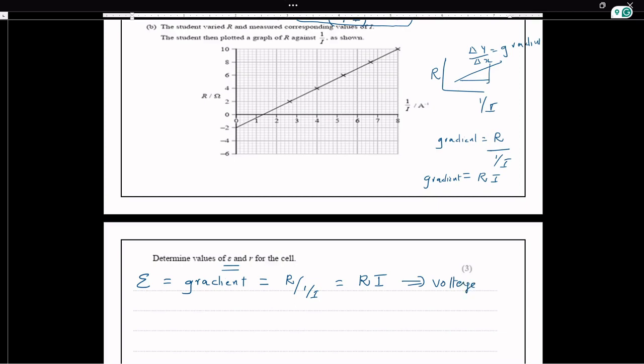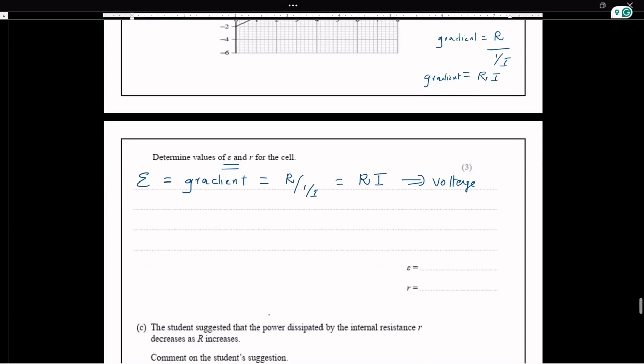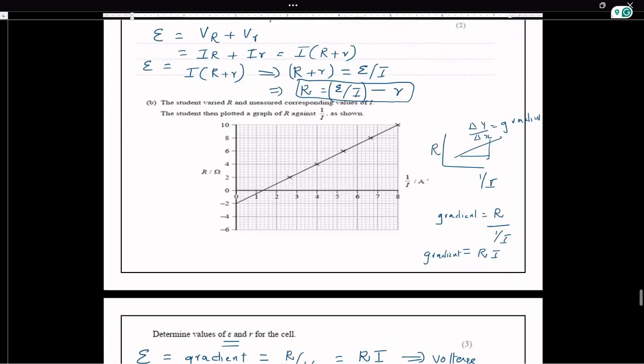Now what about the internal resistance? The internal resistance comes from the y-intercept. You can see there is a y-intercept coming here. Let us calculate the values also. EMF is the gradient. So E equals, let us take the gradient from this point till here.